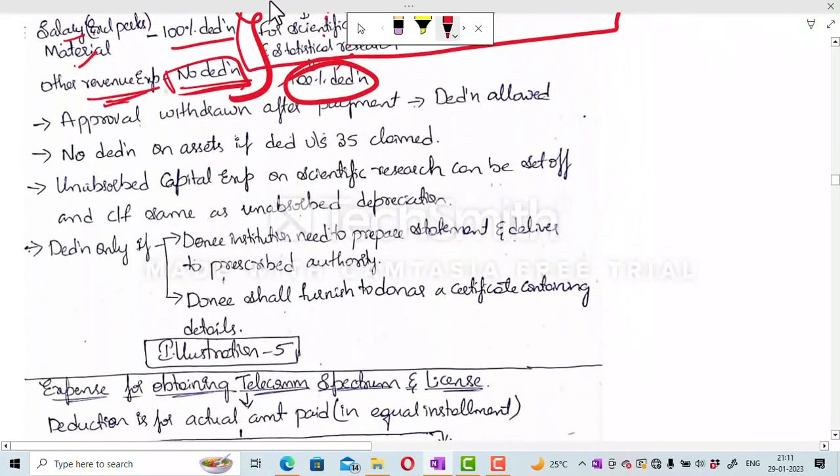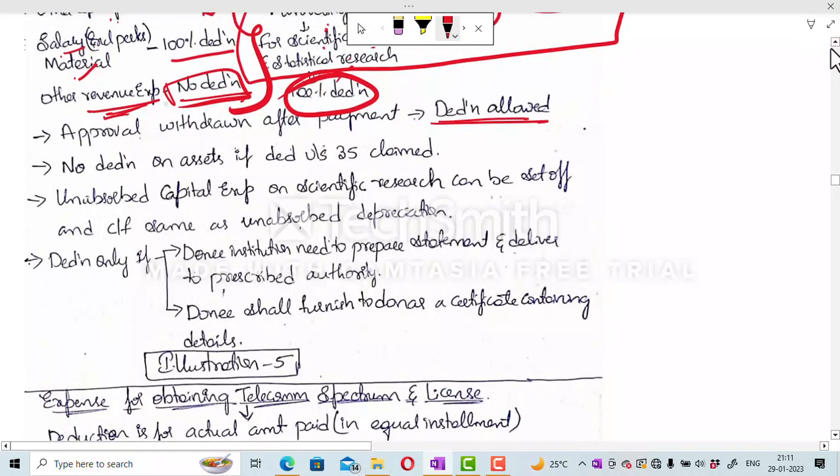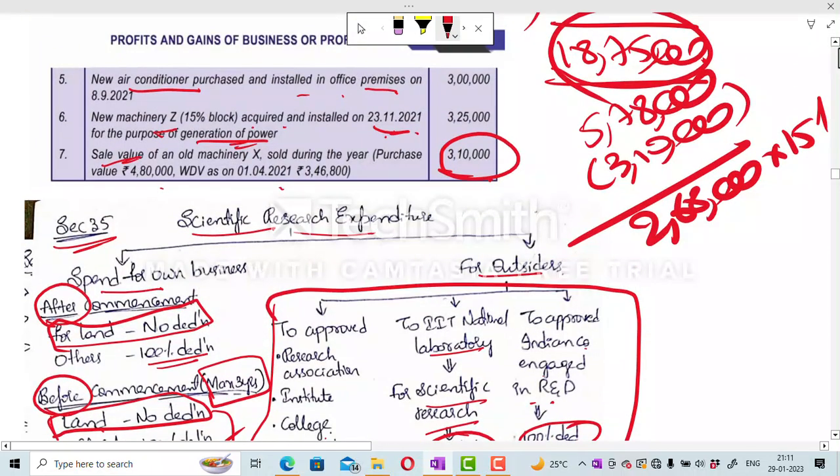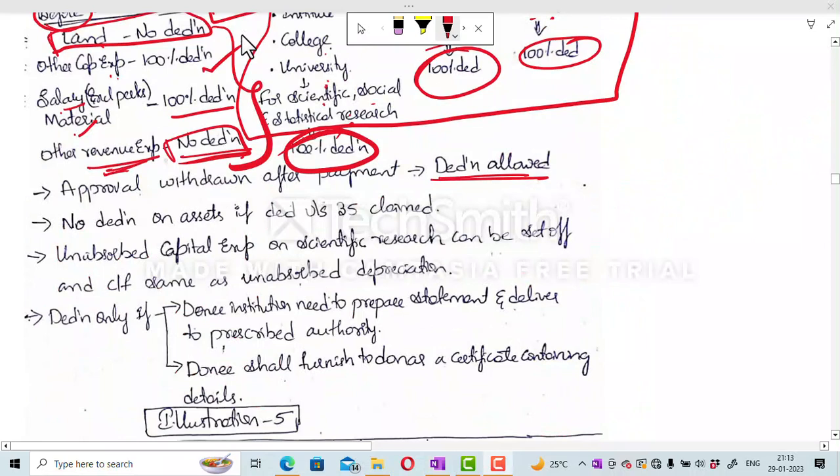See, if we have donated to some institute because they have some approval, and later on the approval got withdrawn by the government, then also there is no problem for deduction, we can still take the deduction. And no deduction on the asset if a deduction under 35 is claimed. Actually here, it is not deduction, it is depreciation.